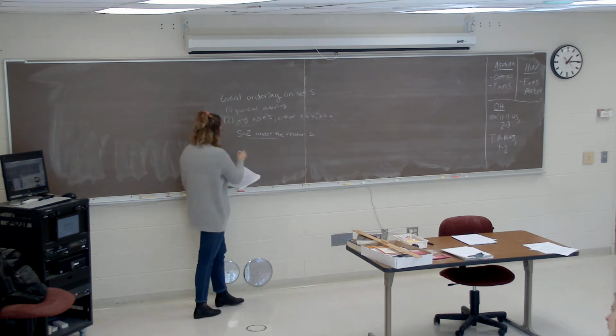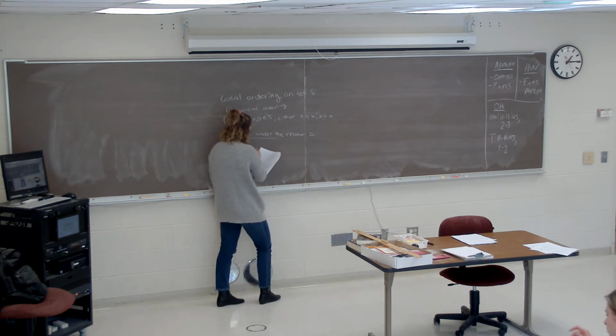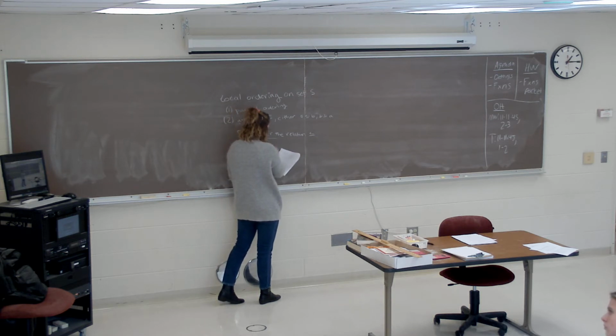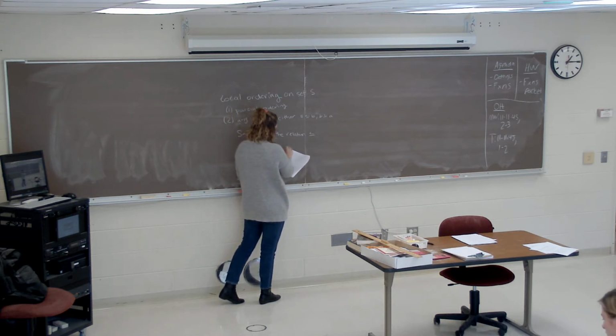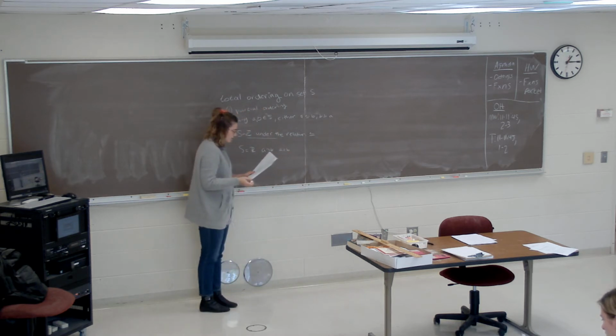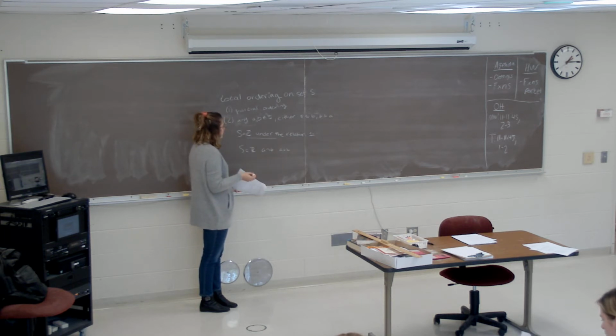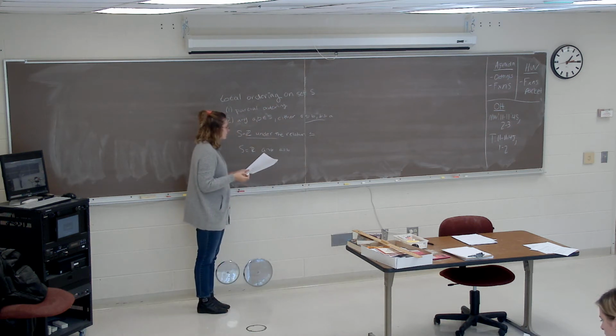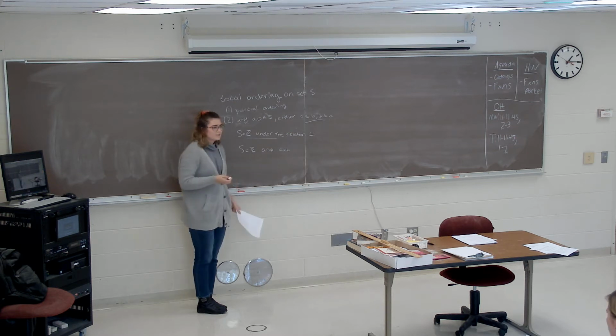Let's hear the next one, where S is the set of all real numbers under the relation where A is related to B if A equals B. We said that could not be ordered this way. What did you guys say about that one?